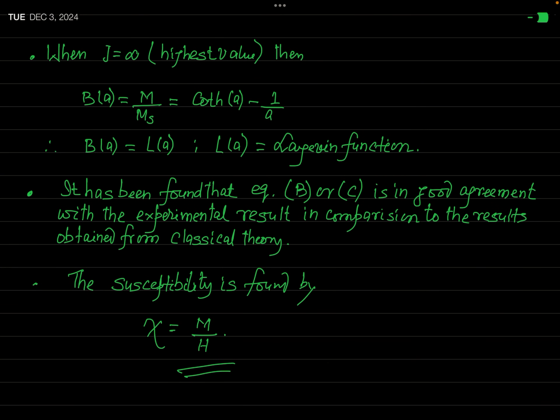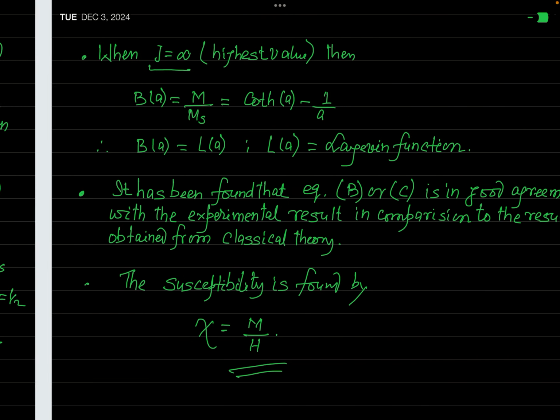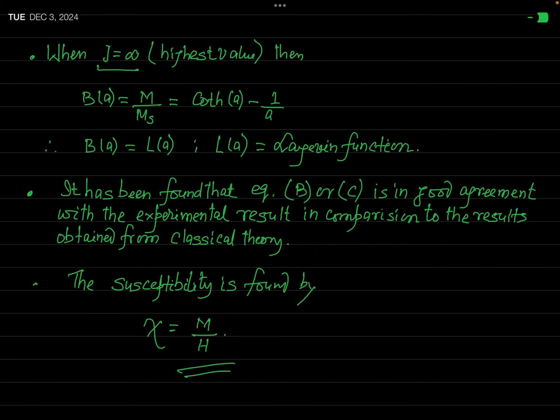But now take the largest or the highest value of J, and what is that value? That will be infinity. When you take J equal to infinity in this expression for B of A, then you will see that B of A is equal to coth A minus 1 over A. You will get it after substituting infinity for J. After observing this result, can you remember what you have learnt in the Langevin theory of paramagnetism?